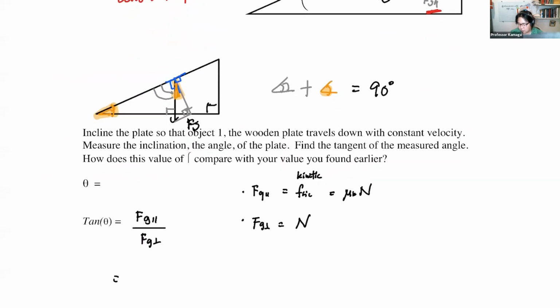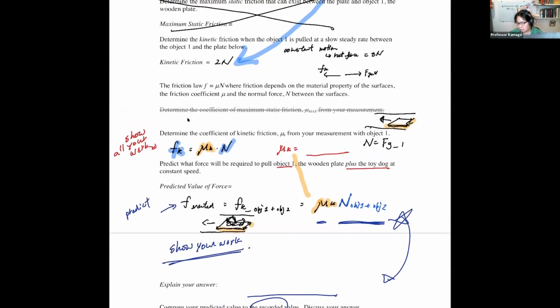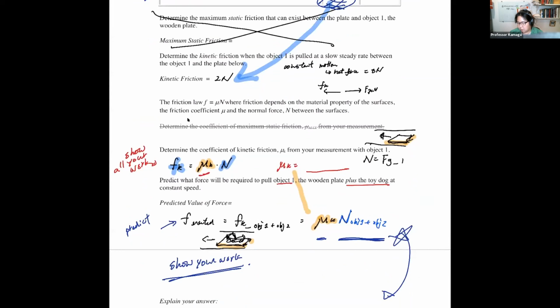So you see from here, mu K n divided by n, this should be mu K. And this should be the mu K. So compare this mu K with this mu K you found earlier, because it's still the same. I'm using the same plate.